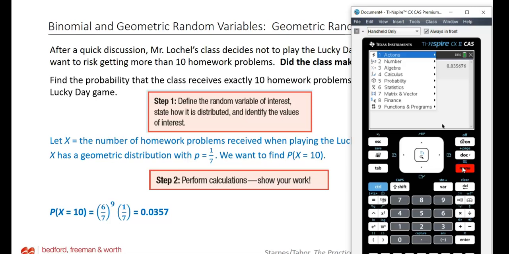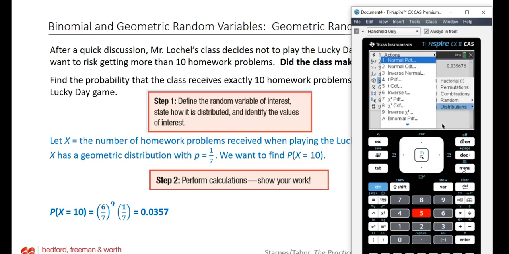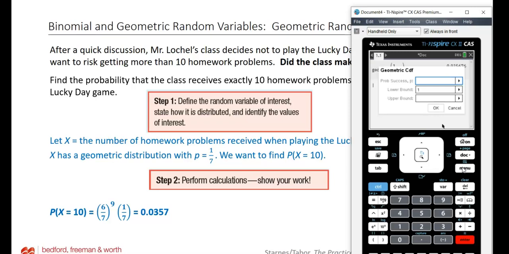For the next example, menu 5, geometric CDF. We really want a lower bound of 0 and an upper bound of 9. Oh wait, probability of success is 1/7. Lower bound of 0, upper bound of 9, and we get the answer to the second one.